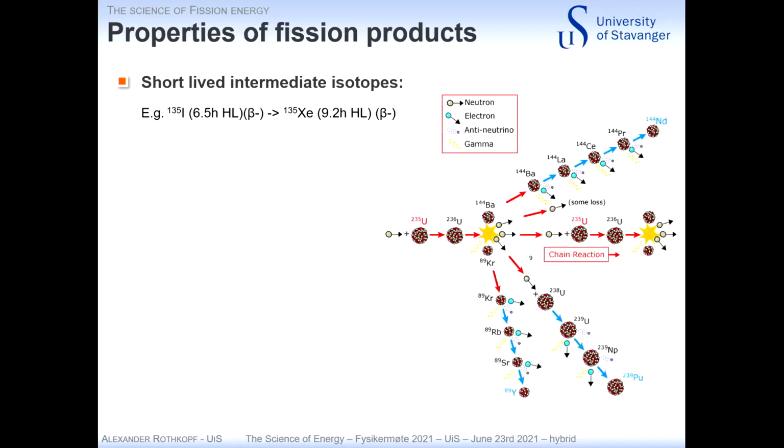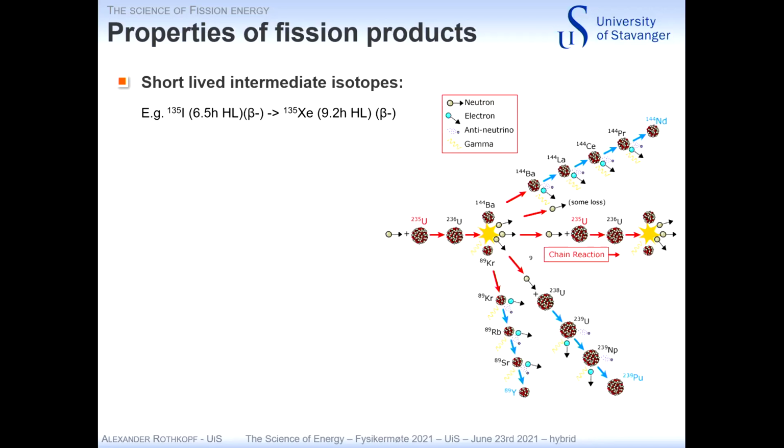Okay, now I told you about the chain reaction. What comes out of a chain reaction is the following, and I would like to give you a bit of a picture of what the fission products are that you can find after you're running this kind of chain reaction. So there are short-lived intermediate isotopes.